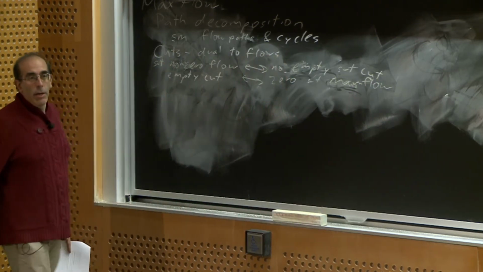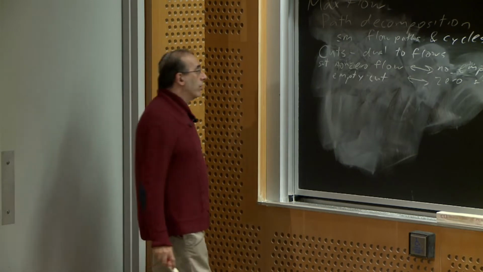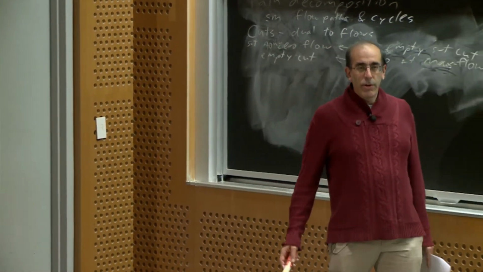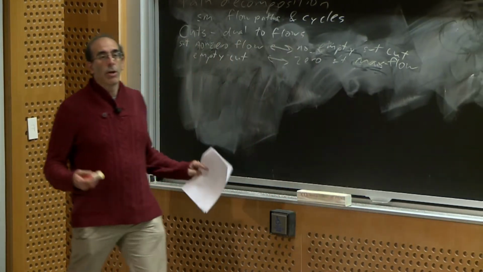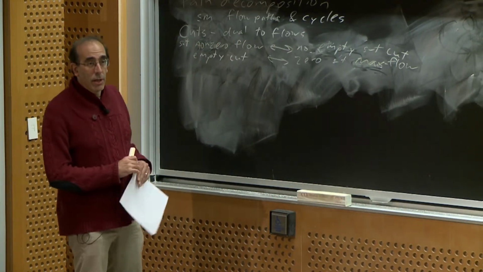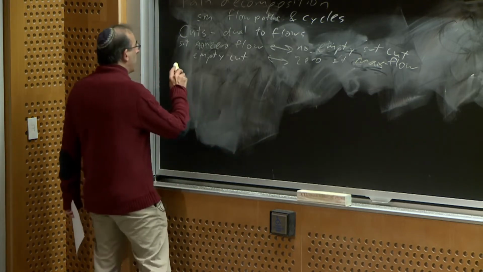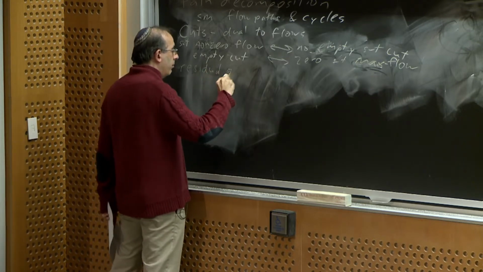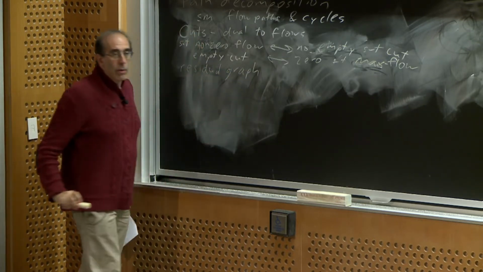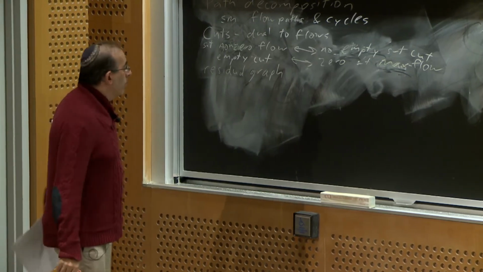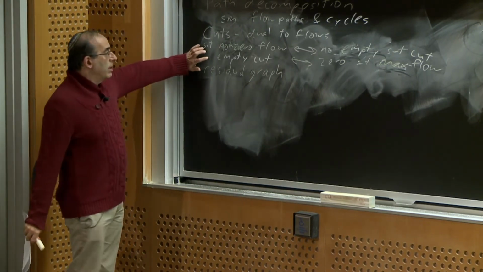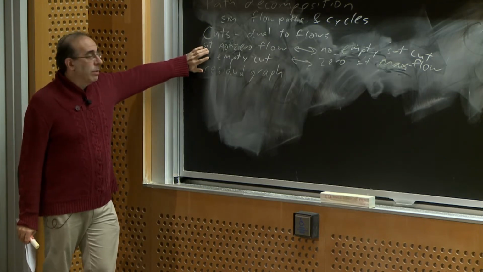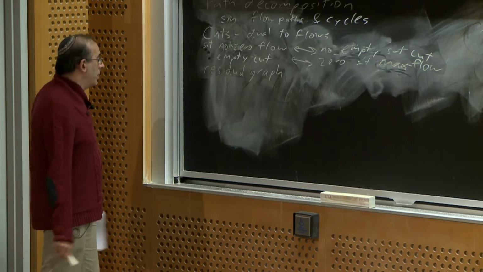And then we started talking about flow algorithms. First, verification: deciding whether an existing flow is maximum. And that led us to talk about residual graphs. So the residual graph allowed us to generalize this argument about non-zero flows being dual to empty cuts.